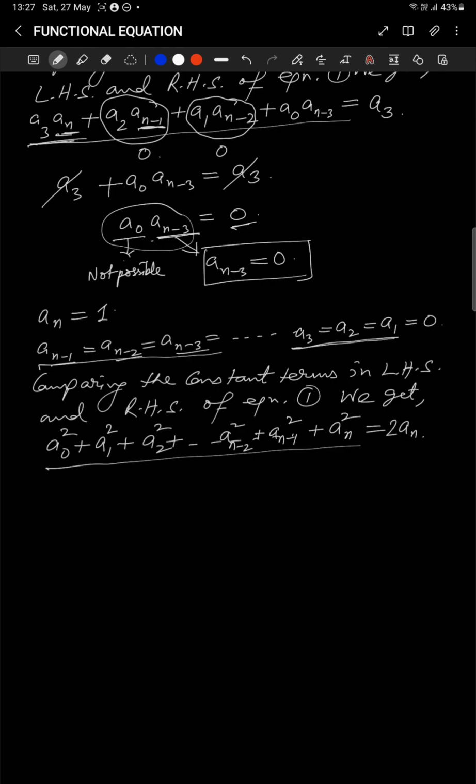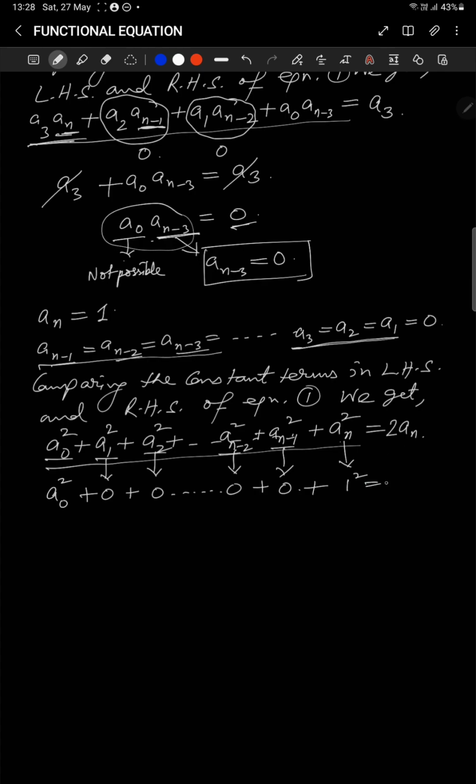Now let us see the values of this. Alright, all these terms, do you find we have proved equal to 0? And a n we have already obtained as 1, so 1 square it becomes. Dot dot dot, and a0 square we have to find out.